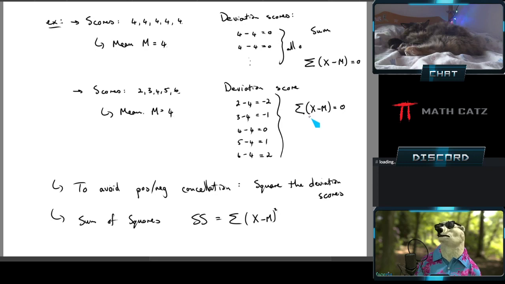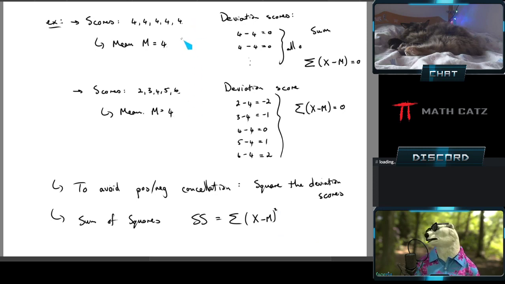Absolute values, if you know what that is, it's very clumsy to work with in future calculations. So it's not ideal. Squaring it turns out to be more than sufficient because I'm simply looking for a number to compare between distributions.